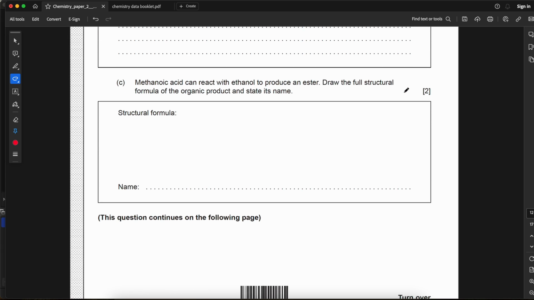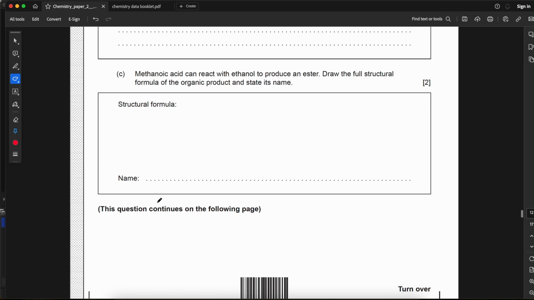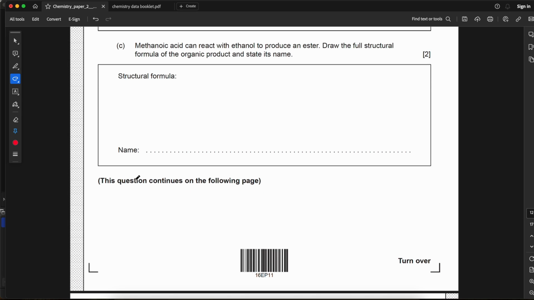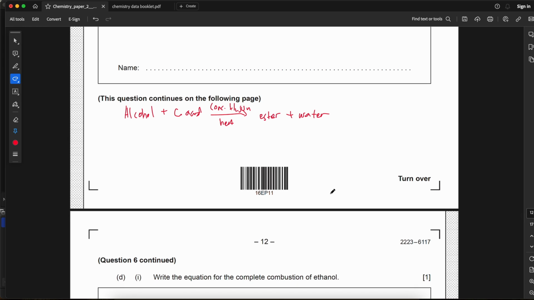Methanoic acid can react with ethanol to produce ester. Okay, when alcohol reacts with carboxylic acid in the presence of concentrated sulfuric acid and heat, it will produce ester and water. Okay, so how does methanoic acid produce ester when it reacts with ethanol?